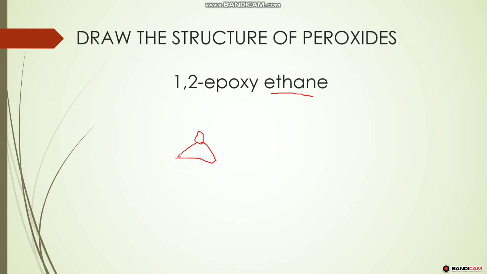So this is the first carbon, then the second carbon. So this is the O, the epoxide is attached to carbon 1 and carbon 2. So that is why it is named 1,2-epoxyethane.